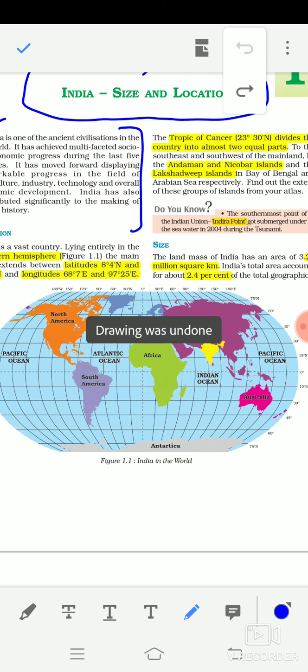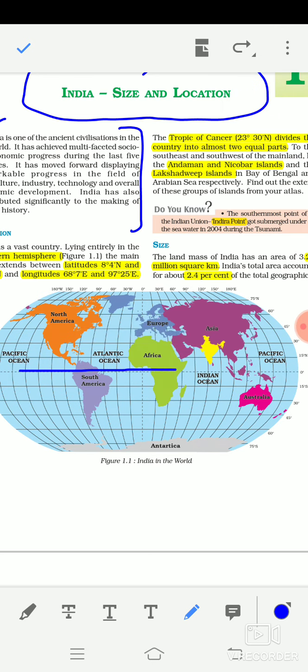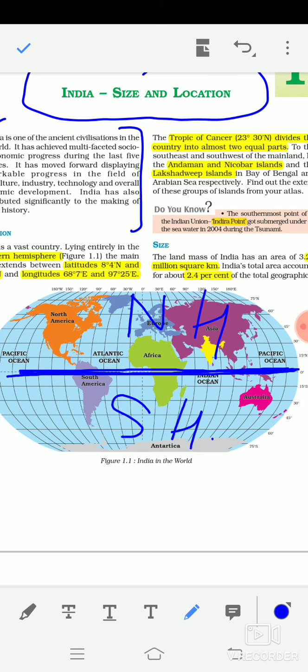Now one more thing. This 0 degree latitude is dividing the whole earth into two spheres. The northern part is known as the northern hemisphere. The southern part is known as the southern hemisphere.